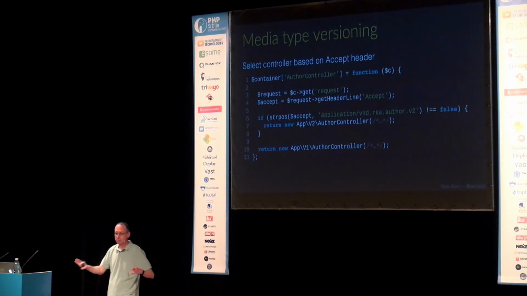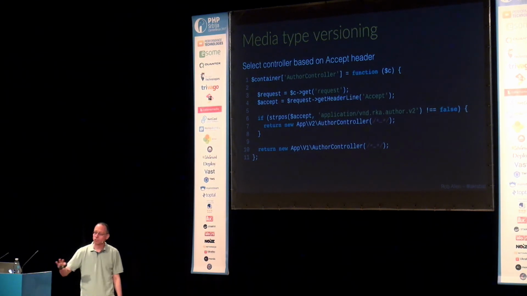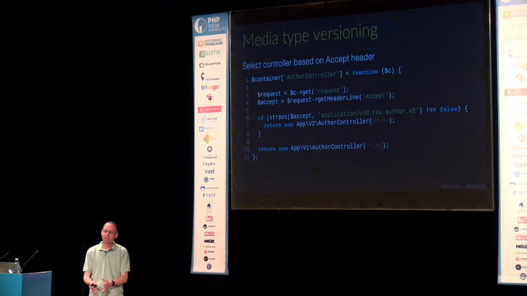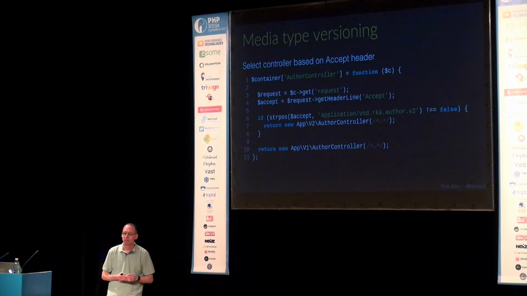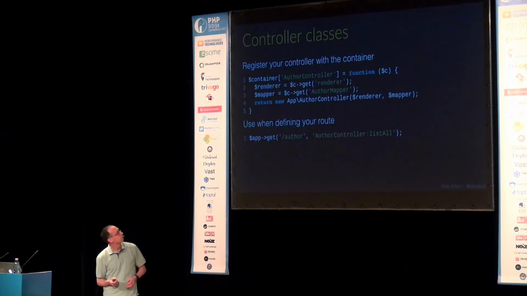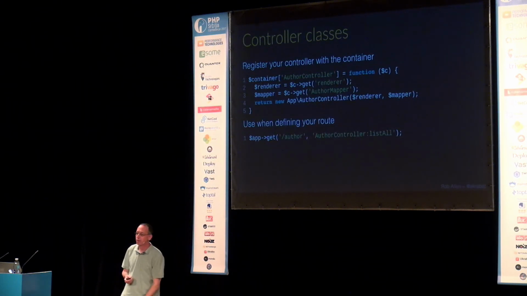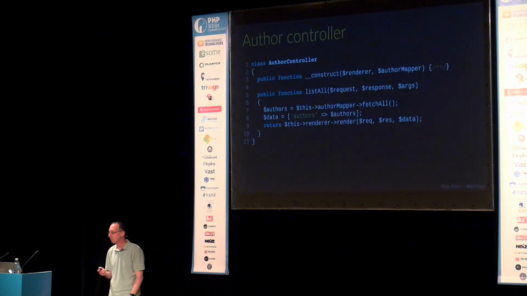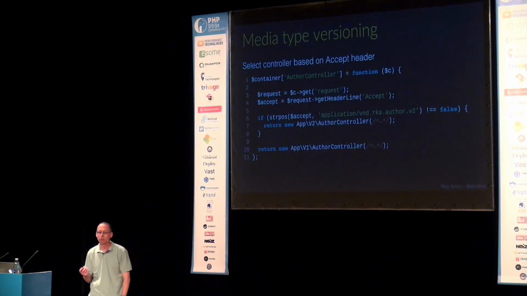So now I've completely separated version 1's controller from version 2's controller, and my DI container simply instantiates the right one, which means that the registration of the URL doesn't change between versions. I don't have to change everything in my router to have different versions of a controller, which means I can do it piecemeal. It can be quite helpful.